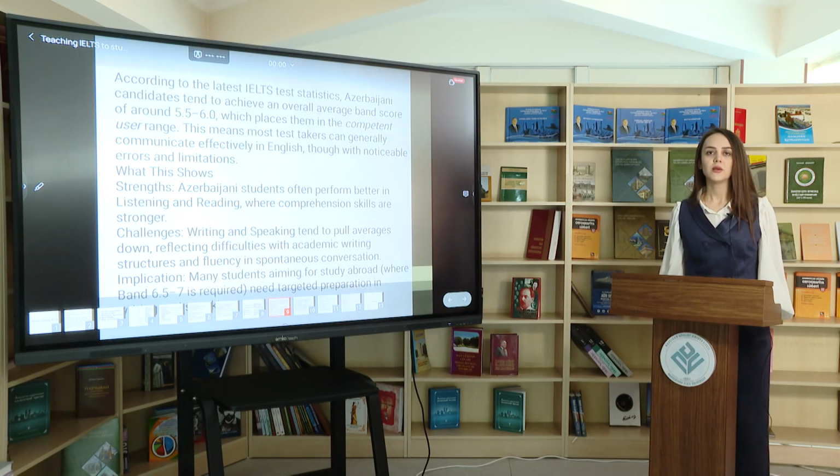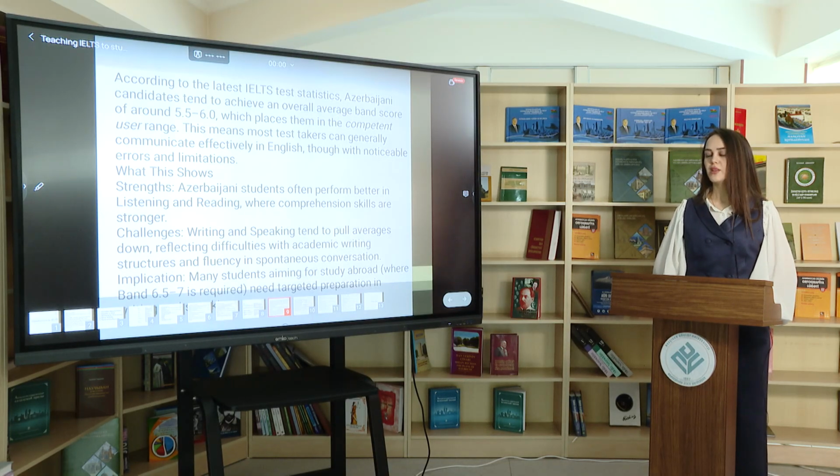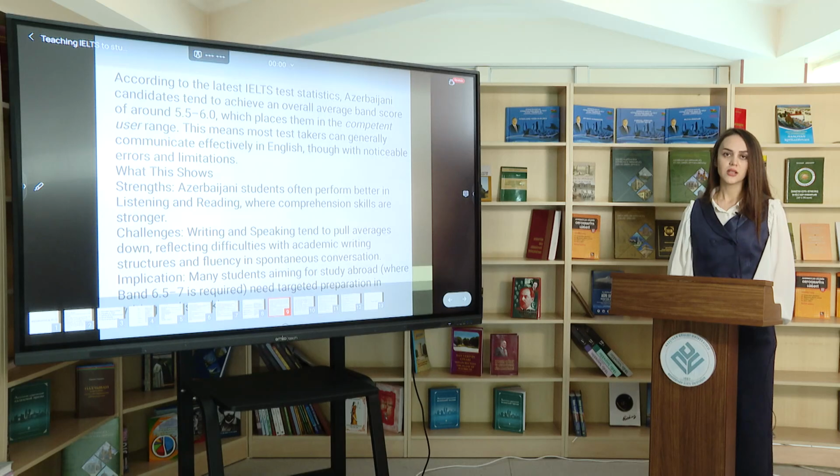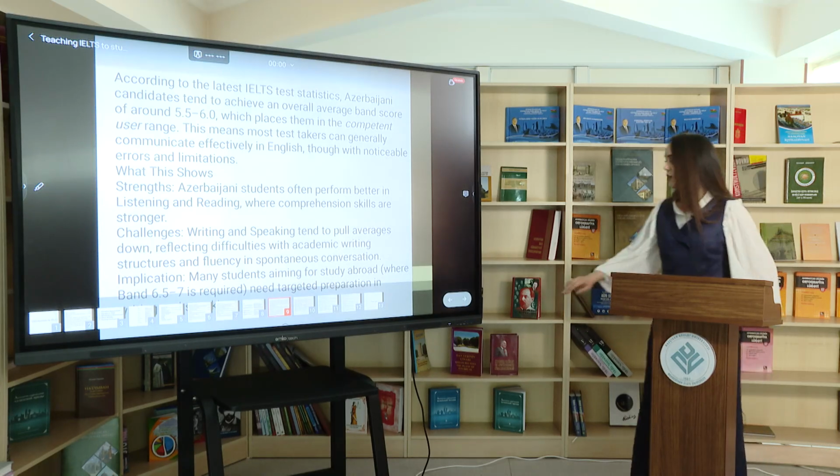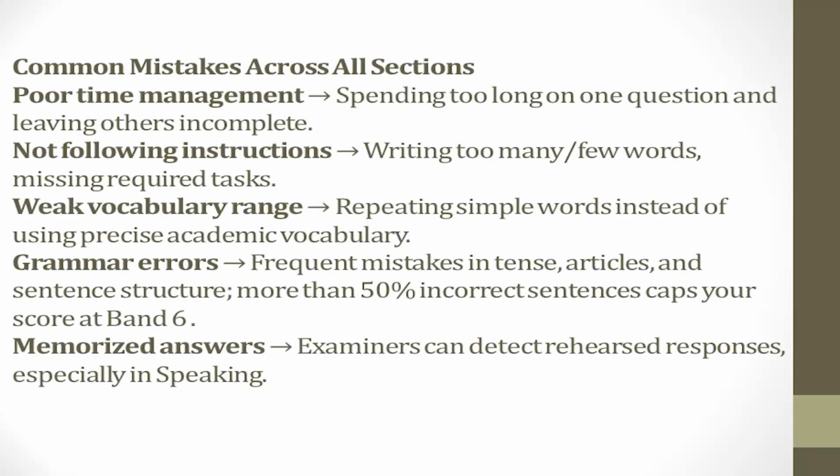However, their speaking and writing are worse than their reading and listening, because when they speak they always hesitate, or when they write they don't paraphrase the given sentence, which I'll explain in the next slide.